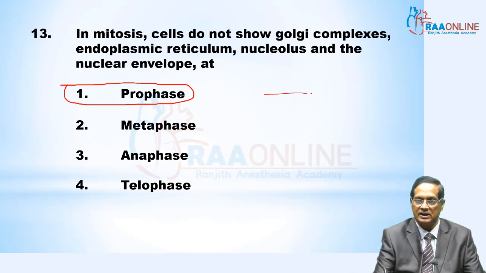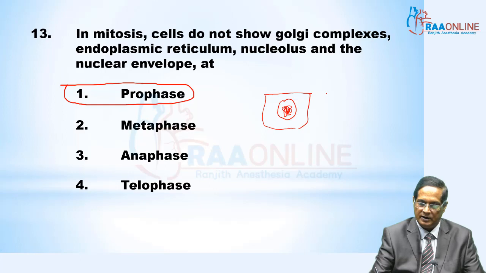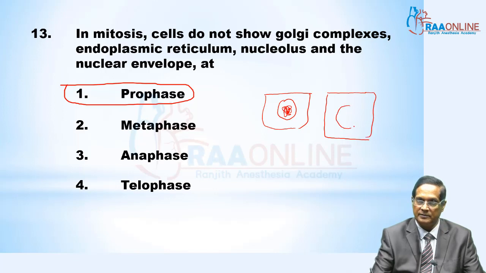Suppose this is a cell, and this is its nucleus, and within the nucleus, this is chromatin. In prophase stage, condensation and dehydration take place in chromatin and chromosomes gradually appear.